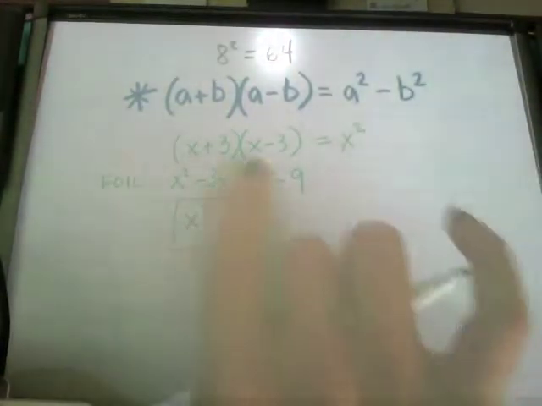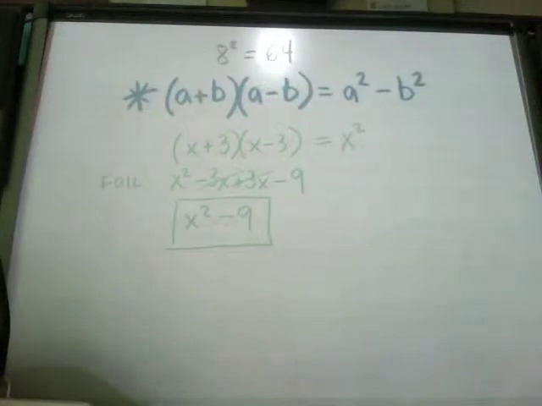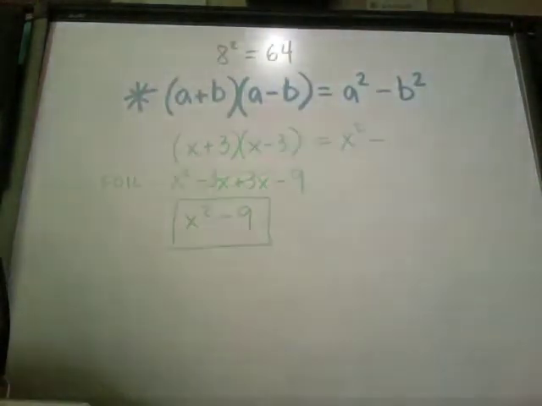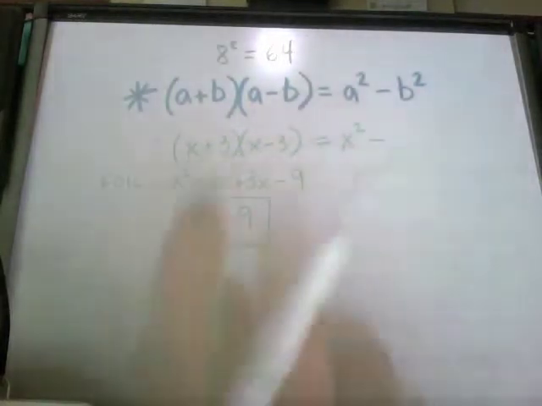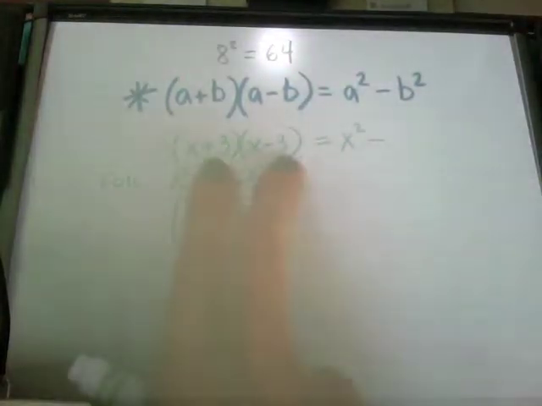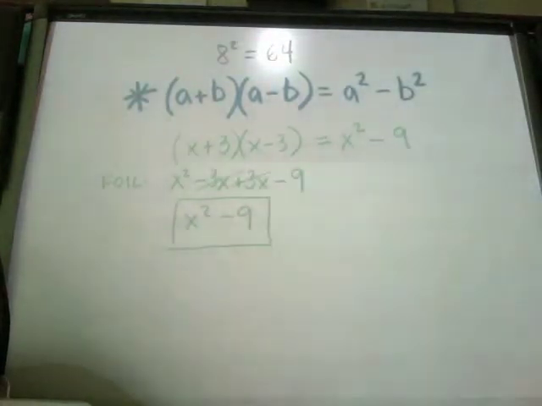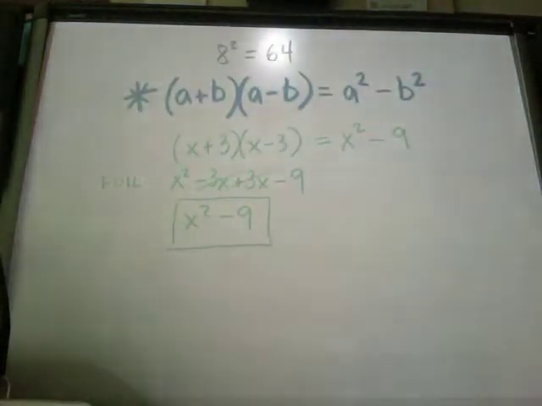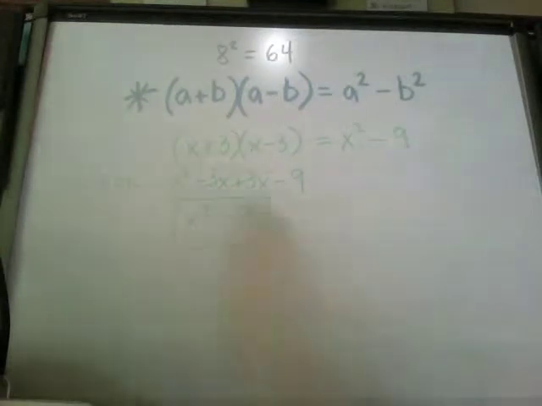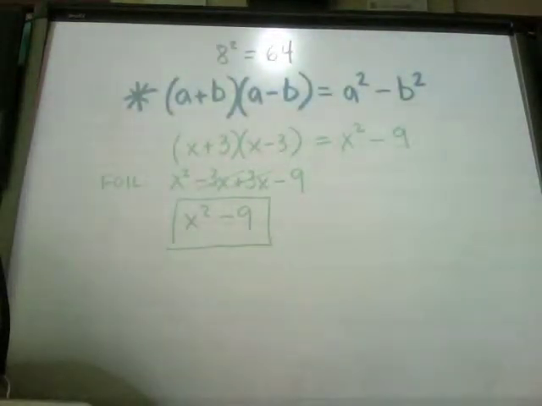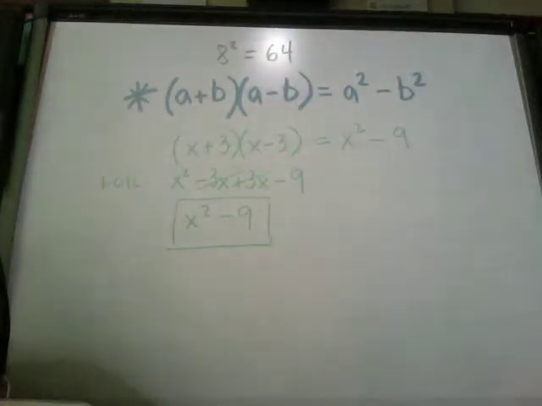I square whatever's in the A position, there it is. It's always going to be a minus, always. B squared, okay, well 3 is in my B position. What if I square the 3? 3 squared, 9. There's my answer. Because of the opposite signs, the middle two terms will always cancel each other out in this pattern.